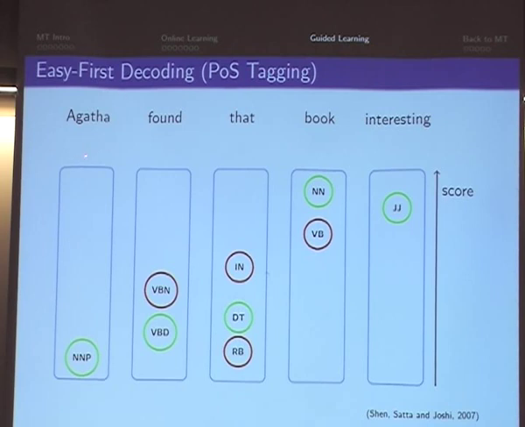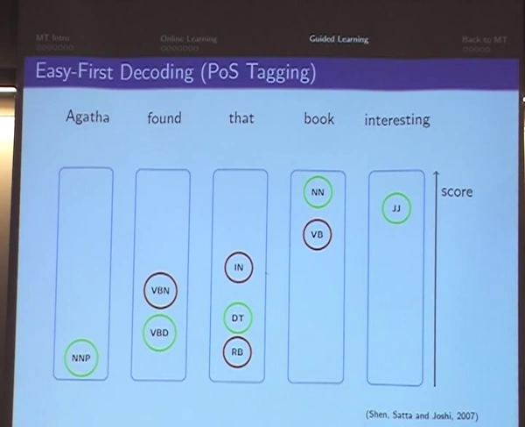So the idea is you have a sequence of words on the input, and these are the possible tags. Well, maybe you have all possible tags for each word, or you have pruned them from a dictionary. I was just lazy to draw too many circles. And this is the score. Now the score is on this axis, unlike on the previous slide.